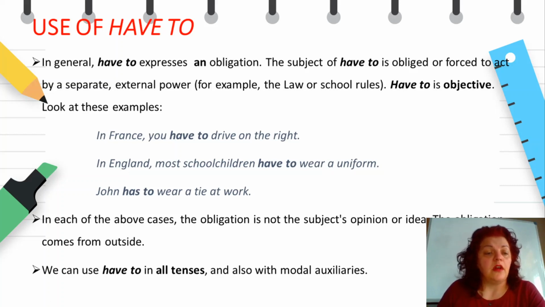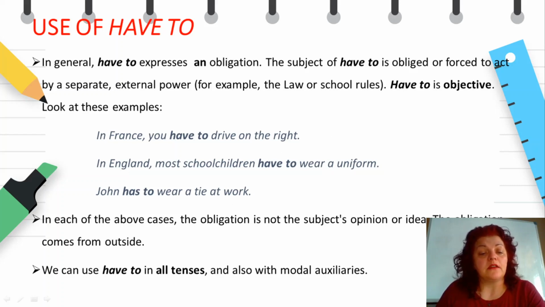In general, have to expresses an obligation. The subject of have to is obliged or forced to act by a separate external power, for example, the law or school rules. Have to is objective. Look at these examples. In France, you have to drive on the right.